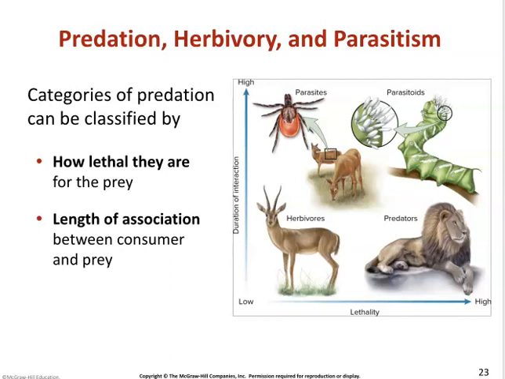The next one would be something that has high rate or duration of interaction with high lethality. These are parasitoids. So you have this long interaction and then all of a sudden it's going to kill you. We look at herbivores: low rate of interaction, low lethality. I mean, yes, some of the grass is getting eaten, but it's usually only some of the blade of the grass.